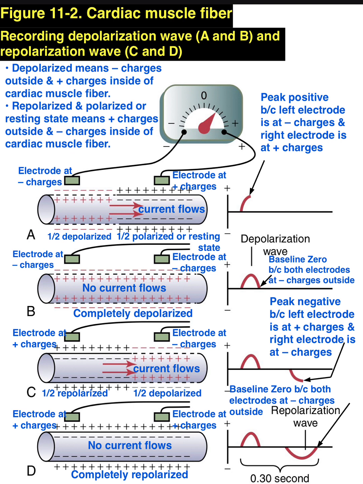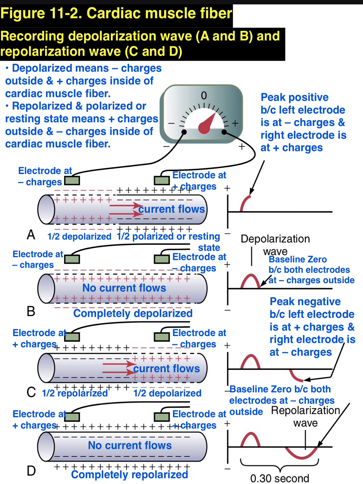Because half of the fiber is depolarized and half is polarized, current flows, and you can see a peak positive wave on the right side because the left electrode is at negative charge and the right electrode is at positive charge.